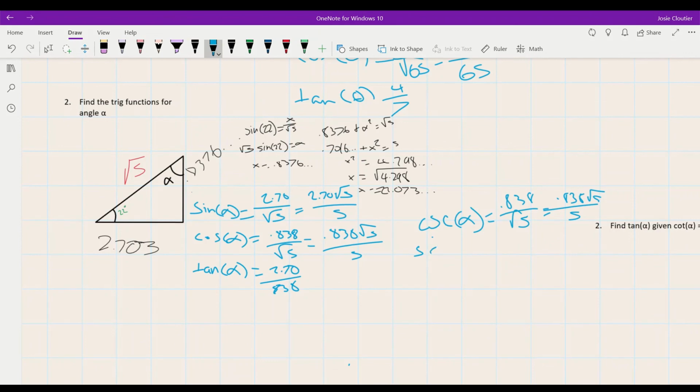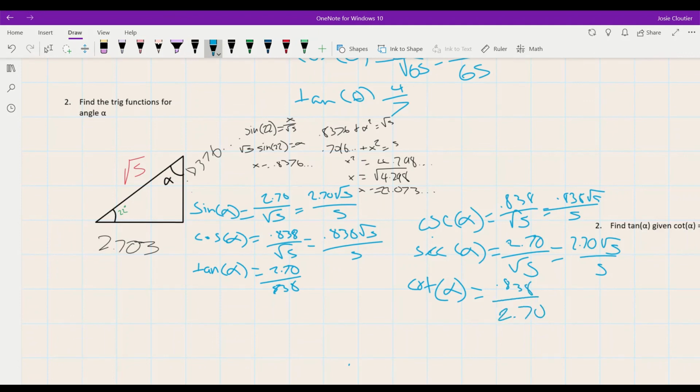Secant of alpha is equal to 2.70 over square root 5, which becomes 2.70 square root 5 over 5. And cotangent alpha is equal to 0.838 over 2.70.